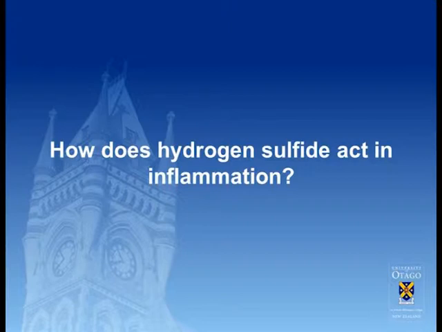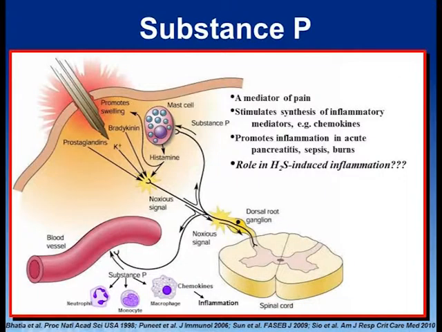We have done some early studies in which we have looked at substance P. Now, there is a lot of information on this slide, but the important thing to bear in mind is that substance P is a mediator of pain. When there is an injury, substance P can be released from nerves, and that in turn can contribute to swelling.